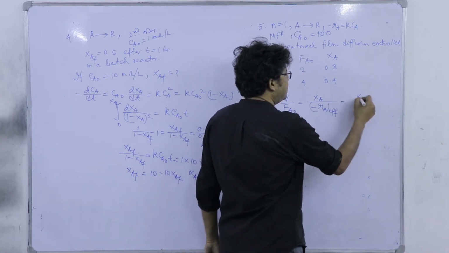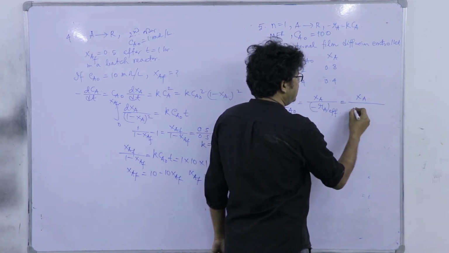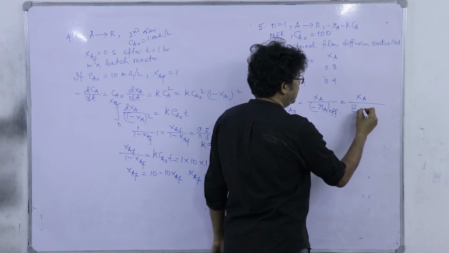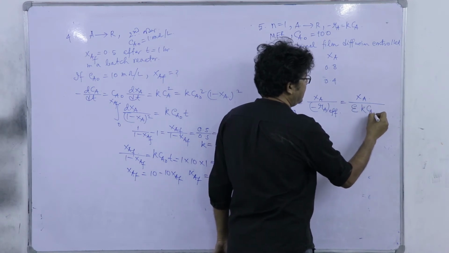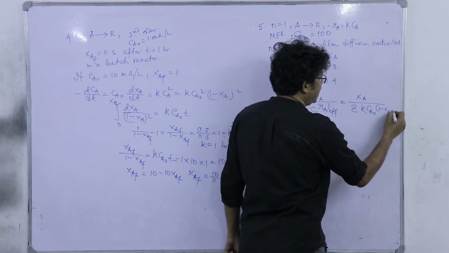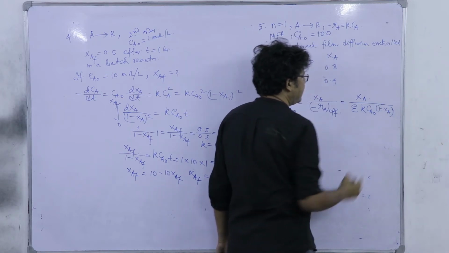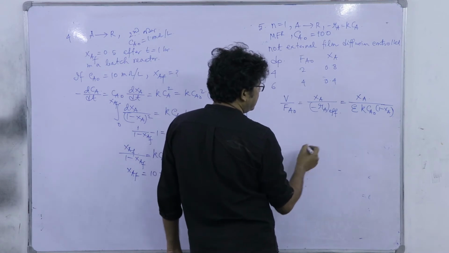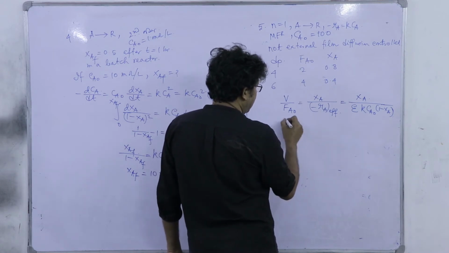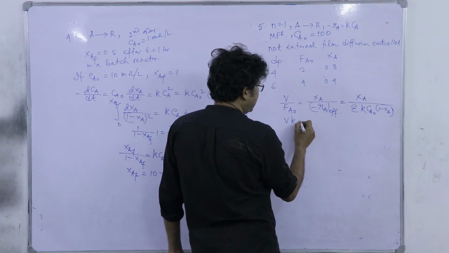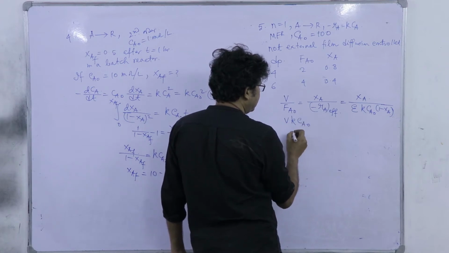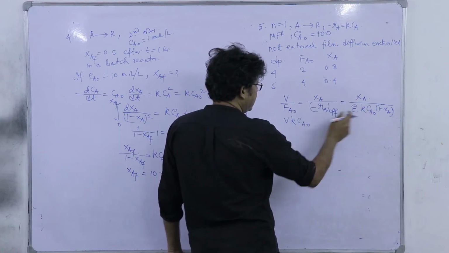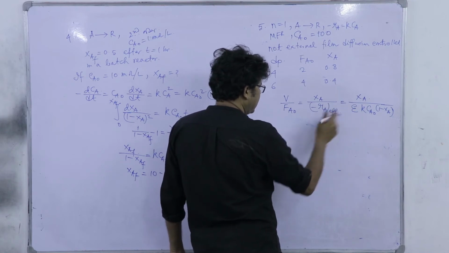So, it is Xa divided by epsilon into K Ca naught into 1 minus Xa, right. So, what we have? V K Ca naught, in a reverse way we can write.